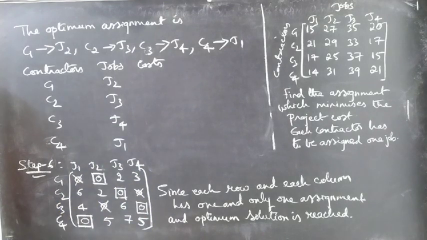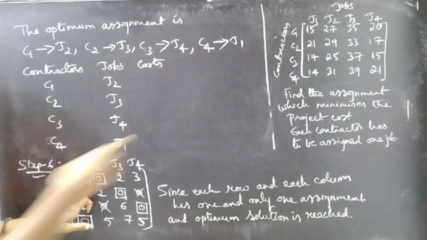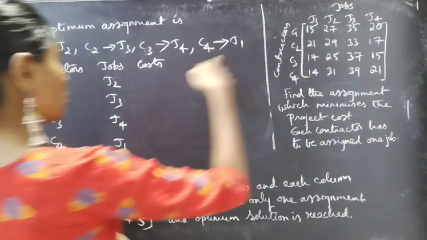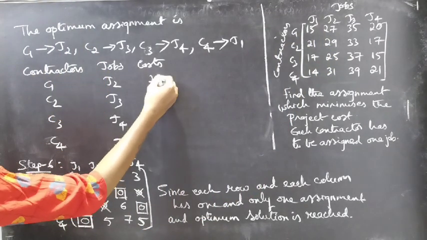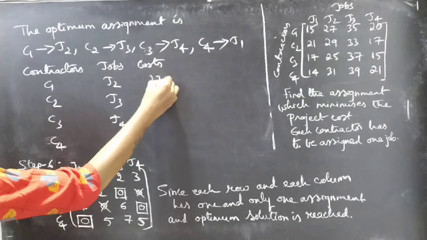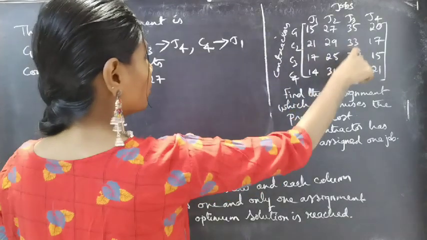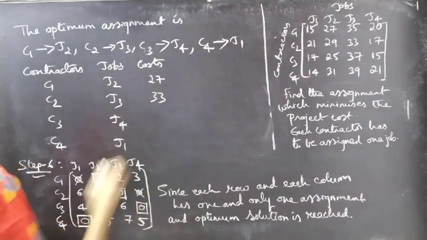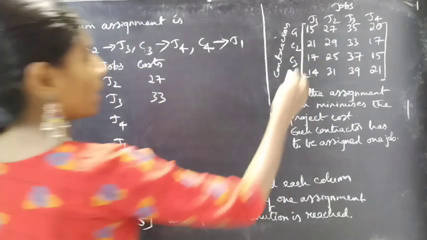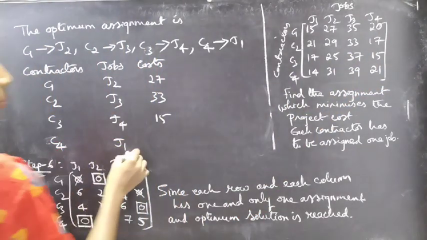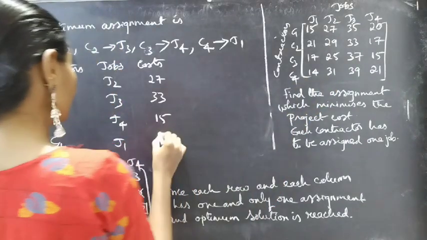Cost. Now compare this matrix with the given matrix. You have cost, you have assigned 0 here, right? So you'll get cost 27 for C1 J2 and C2 J3 33 cost. C3 J4 has 15, C4 J1 has 14.